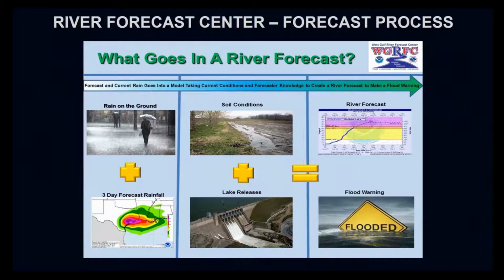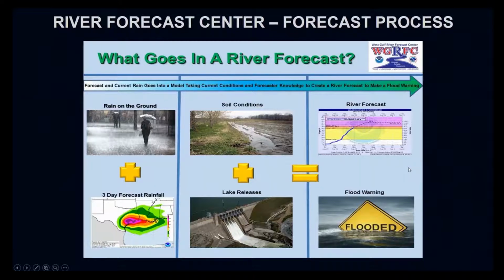So a River Forecast Center is a little bit different mission than what a Weather Forecast Office has. We provide the river stage forecast for a wide domain across a huge region of Texas. And our domain includes the Rio Grande on the western edge and, on the eastern edge, the Sabine River Basin. We forecast for the entire state of Texas and also for New Mexico and a portion of Colorado.